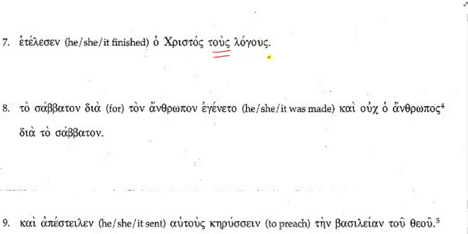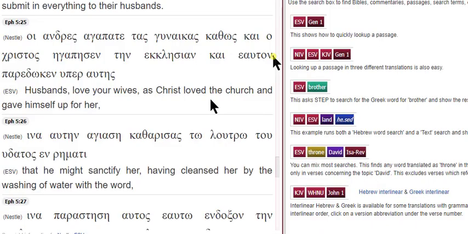And there's good reason for it. Let me pull up one. We'll end with this. Here in Ephesians 5:25, it says, "Hoi andres," men, husbands, "agapate," love, "tas gunaikas," love the wives.